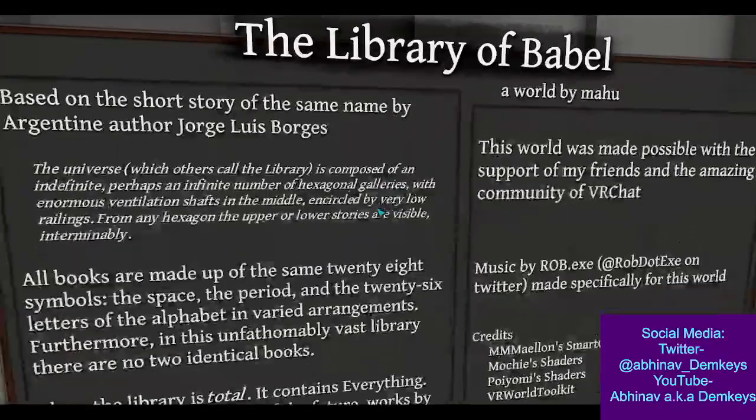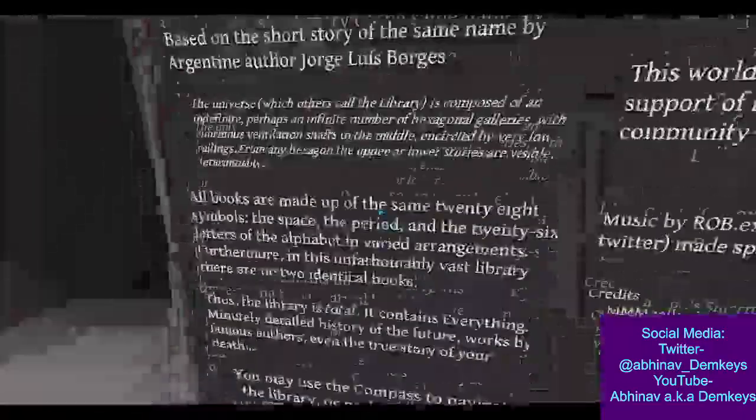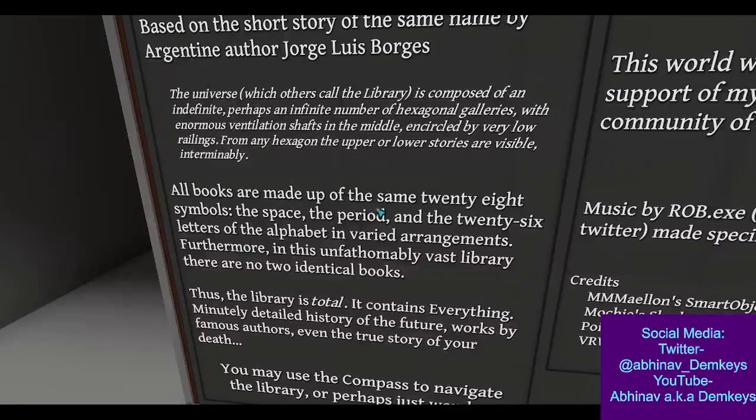All books are made up of the same 28 symbols. The space, the period, and the 26 letters of the alphabet in varied arrangement.